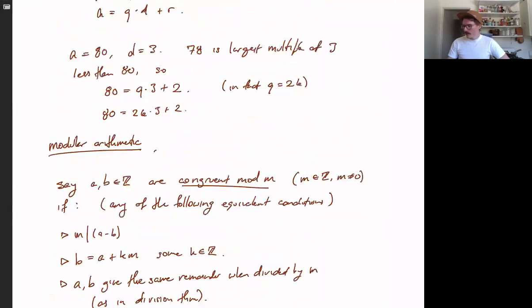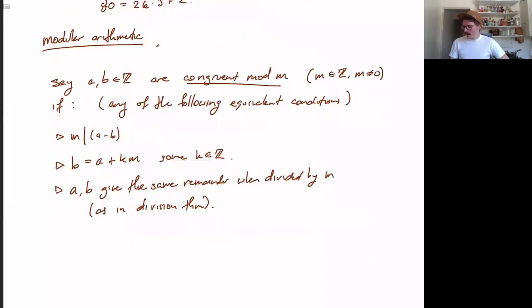So under the division theorem, a and b can both be written as something times m plus the remainder. And this thing might be different, but if the remainder is the same, then we say they're congruent mod m. So it might be a good exercise to check that this condition is equivalent to the other two, if it's not clear to you already.